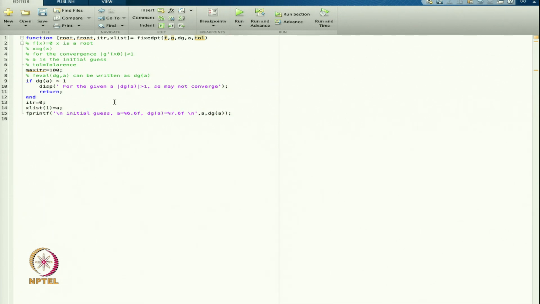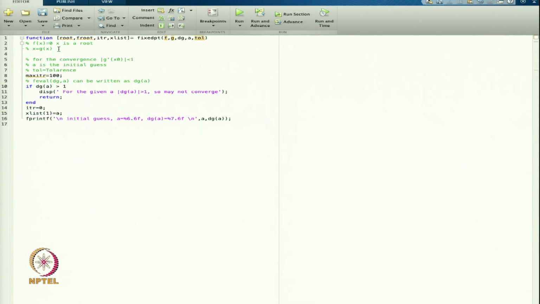Now, what I do is that, this is my iterative method. Iterative method is x n plus 1 is equal to g of x n.